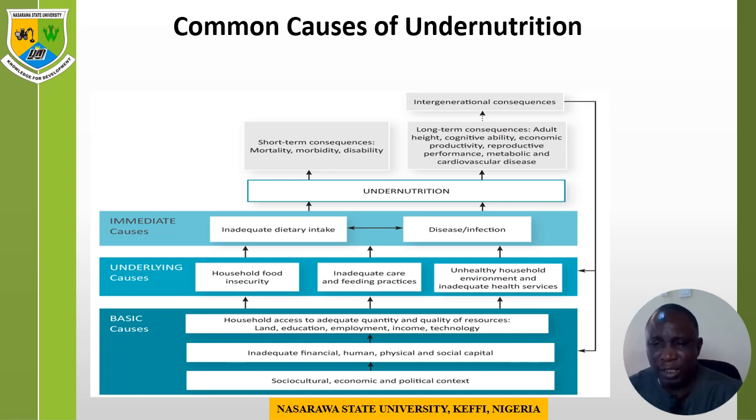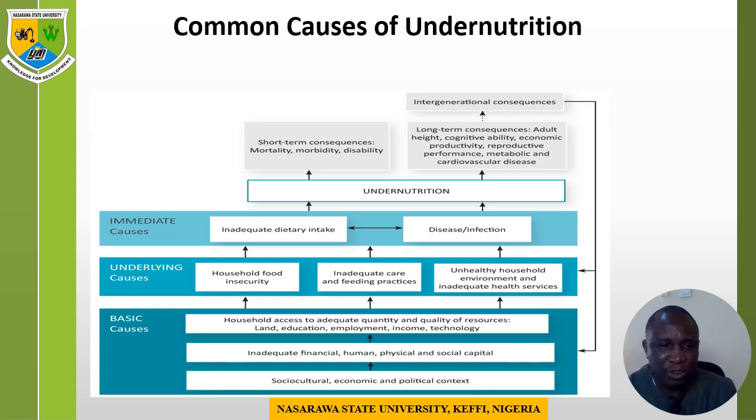The political will for government to institute interventions and make decisions that will benefit the people, and the economic program and policy of the government, may lead to inadequate financial, human, physical, and social capital, which will affect household access to adequate quantity and quality of resources. Resources such as land, education, employment, income, technology. All these are basic causes.